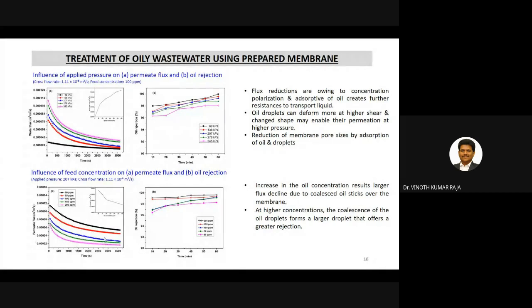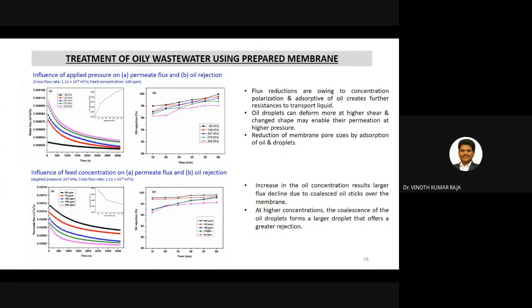A similar trend of flux behavior is reported in many of the literature due to the higher concentration on the feed side. On the other hand, if you look at the rejection, the influence of concentration on permeate flux, as well as rejection, is that it enhances with an increase in the feed concentration. So if you increase the feed concentration, the rejection is increasing.